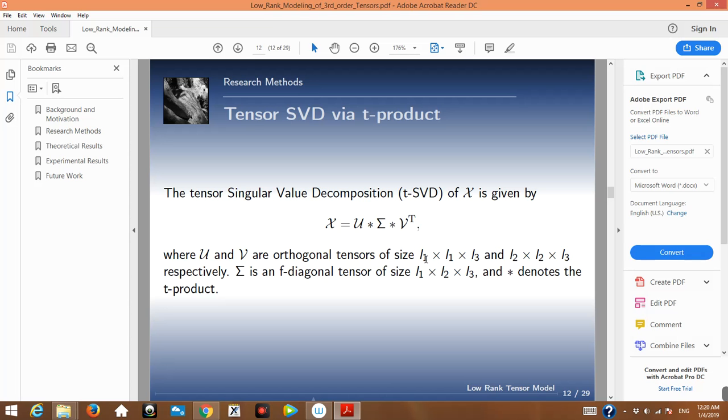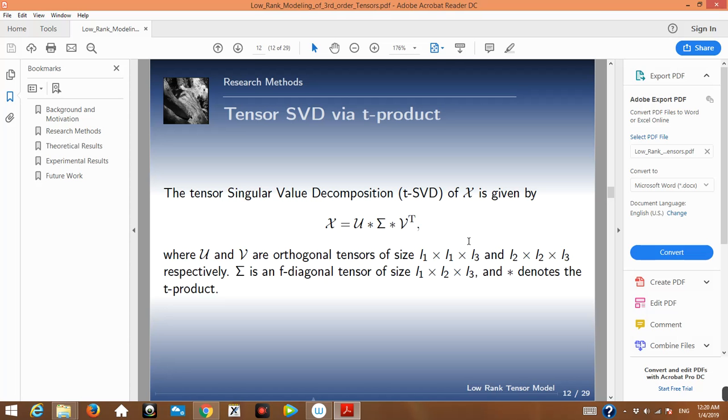It is well known that matrix SVD is a very useful tool for matrix decomposition. However, extending matrix SVD to tensors is a very difficult question, and people have made lots of efforts in this direction.